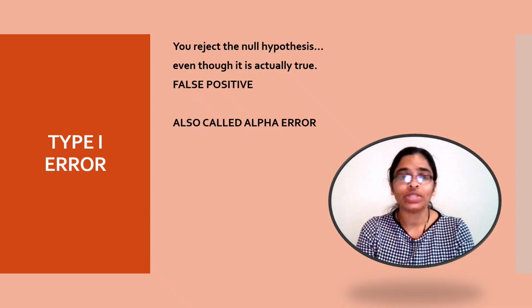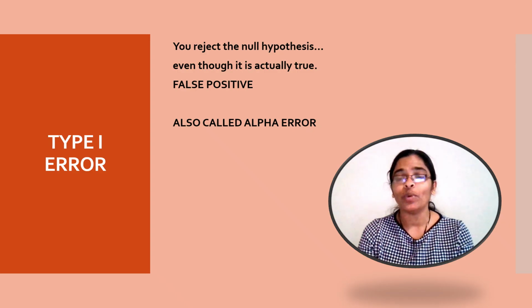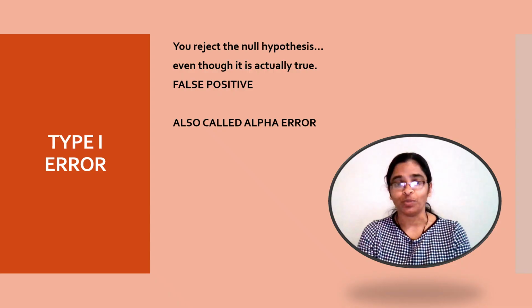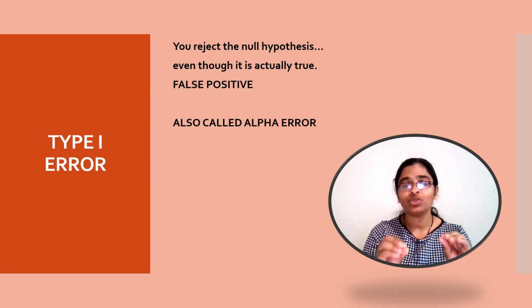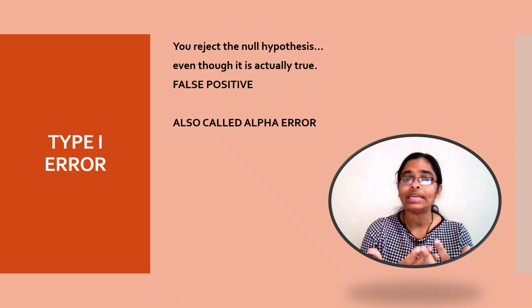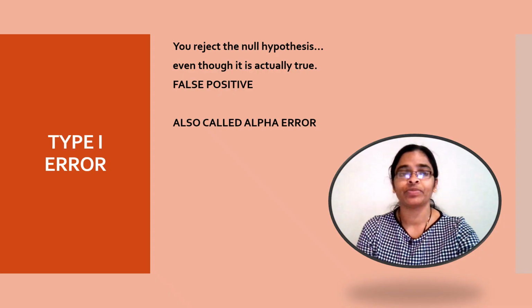Let's start with type 1 error. A type 1 error occurs when you reject the null hypothesis, even though it is actually true. So in simple words, you think that you have found a treatment effect, but there really isn't one. And this is called a false positive.